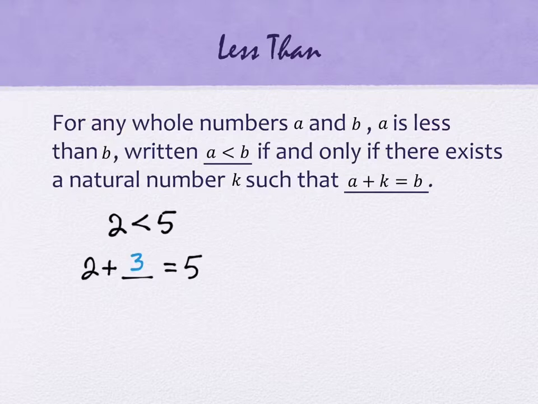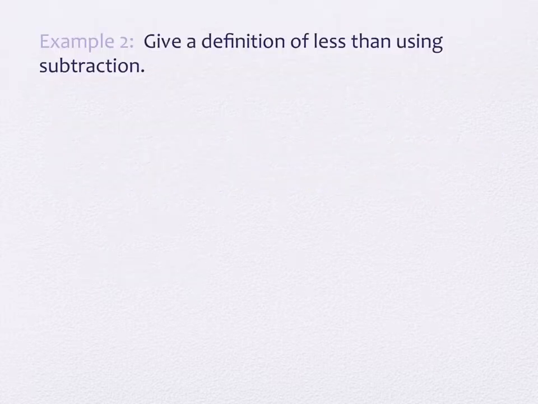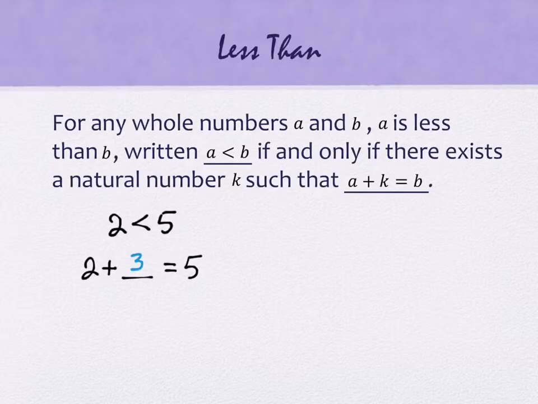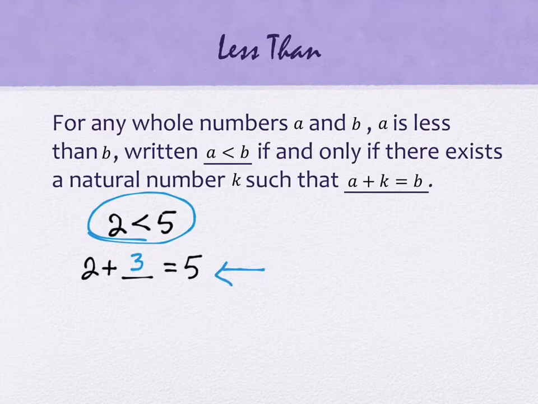So thinking about the way that this is phrased, we're going to give a similar definition of less than, but we're going to do it using subtraction instead of addition. So think about, what would I have to do to change this to represent a subtraction statement that ends up being an equality? What would it say? You got to relate 2 and 5 using some sort of a subtraction somewhere.